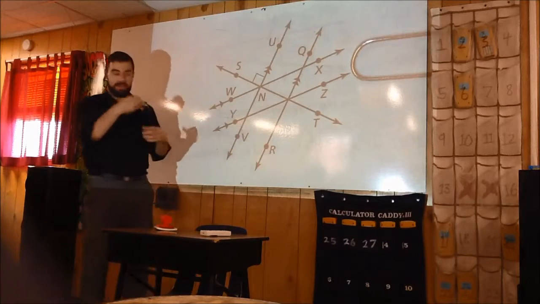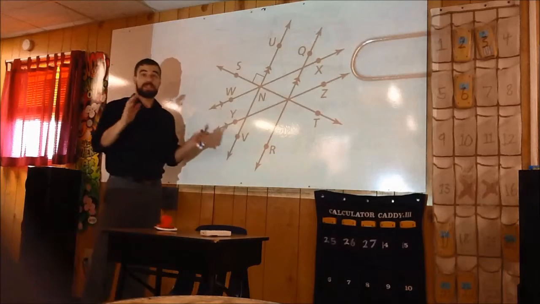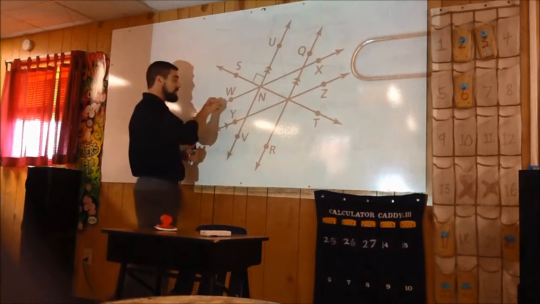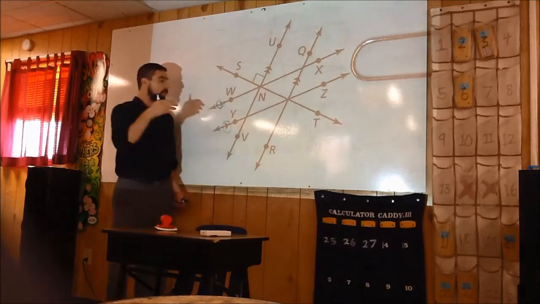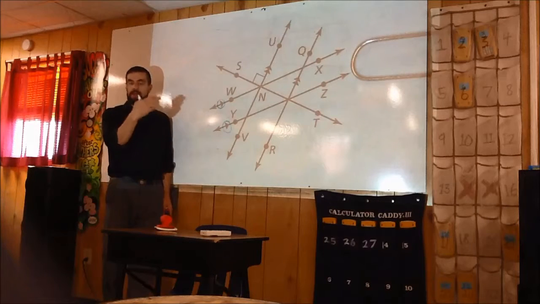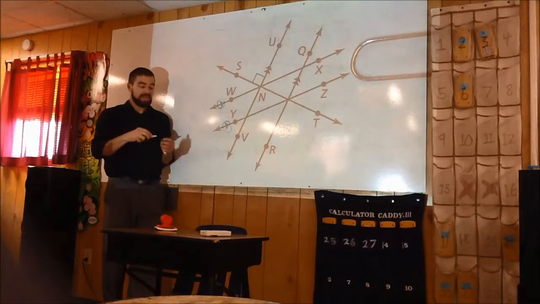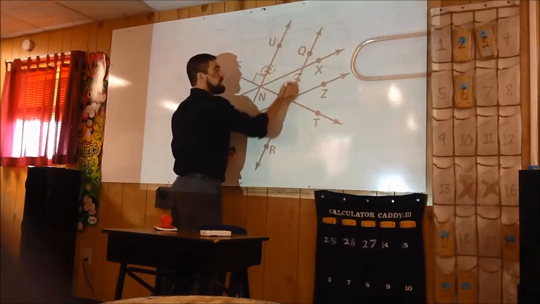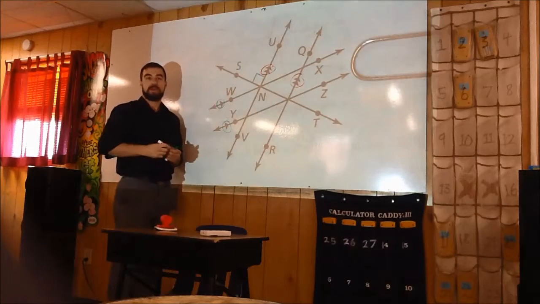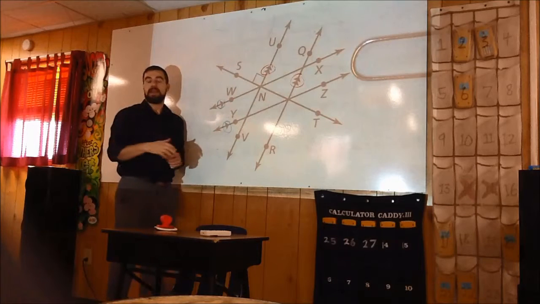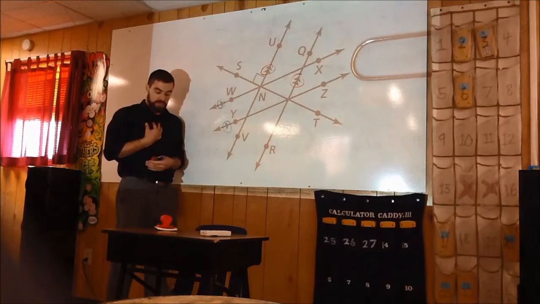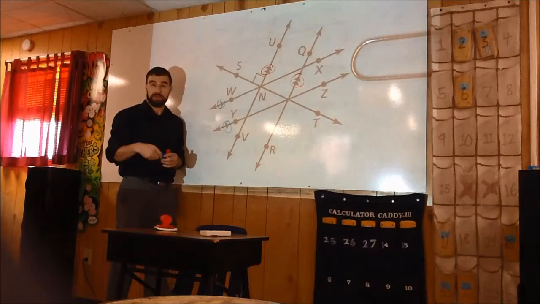But in a diagram, you need to be able to differentiate between the different sets of parallel lines. So the fact that these two lines have that one triangle or arrow, that's different from these other parallel lines that have 2 triangles, 2 extra arrows like that. I tend to not write triangles.